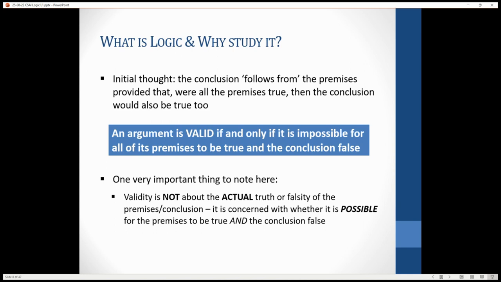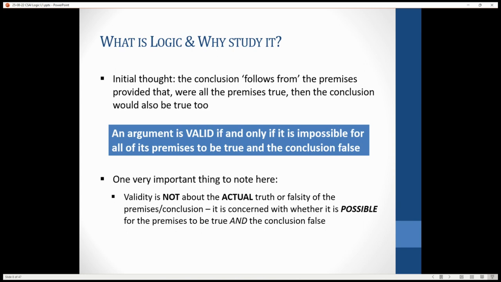One very important thing to note about this notion of validity: it is not about the actual truth or falsity of the premises and the conclusion. It's about whether it's possible or not to make the premises all true and the conclusion false. So we don't really care whether the premises are in fact true.